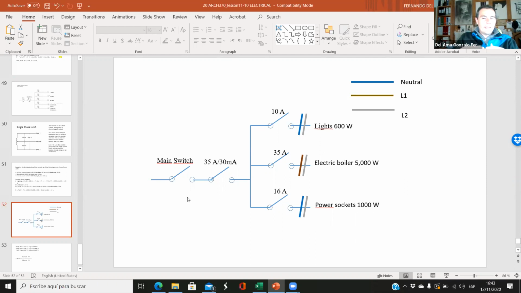So although we don't calculate this, or we are not supposed to calculate this, at least having a rough understanding of what our client is going to need is useful because they will trust us. Our clients are not dealing with the electric engineers. They are dealing either with the architect or with the constructor.